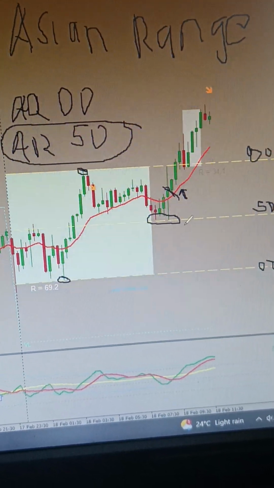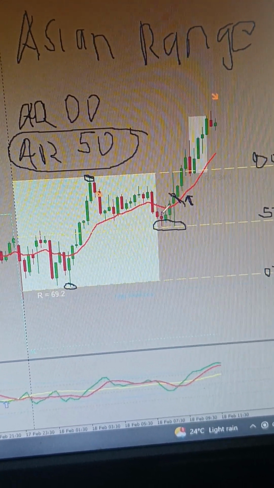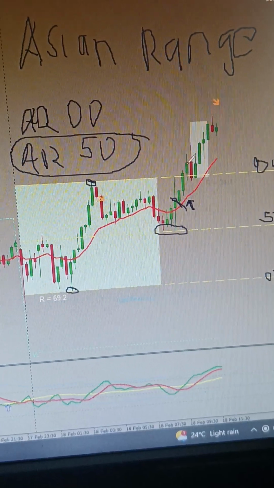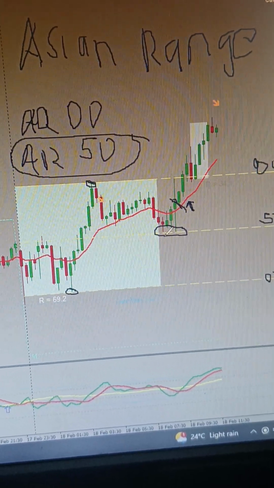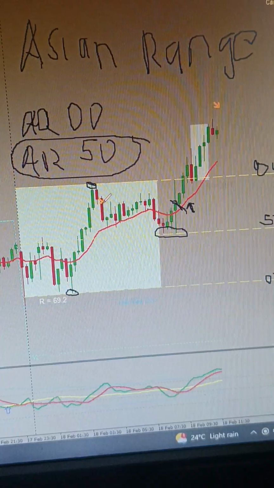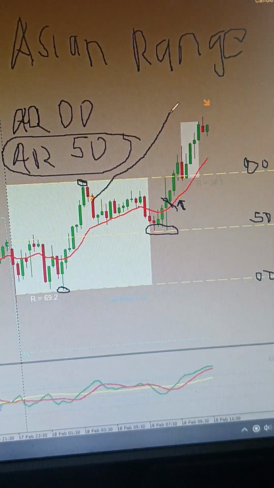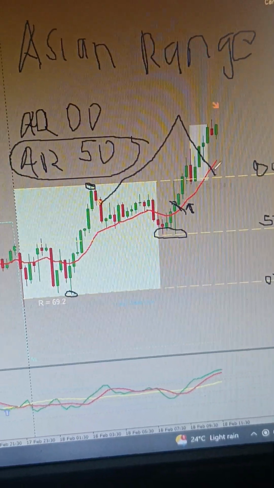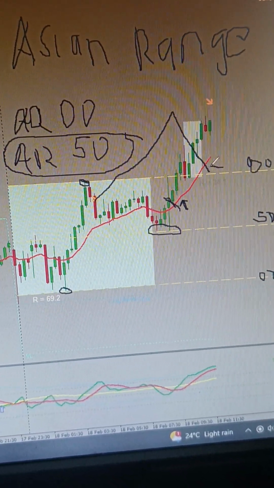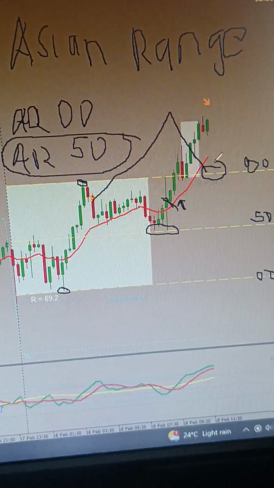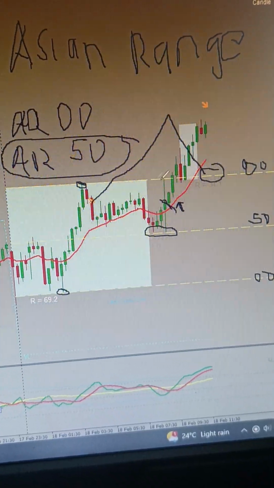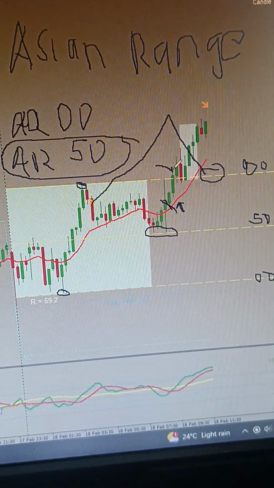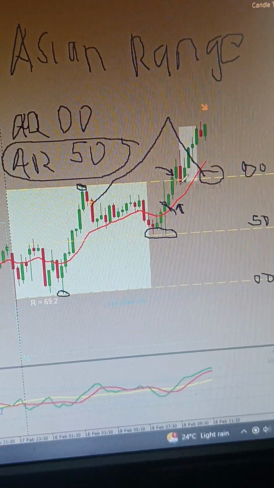Now the same can happen if the market gets out and continues up instead of coming back, and then comes back to trap at the 00. Note, this is the same as the London breakout, based on the time that you show up. Just like this example here, see this area, this is London breakout.